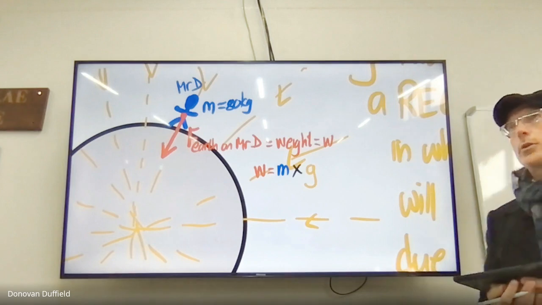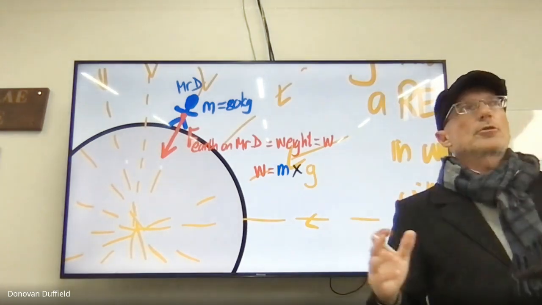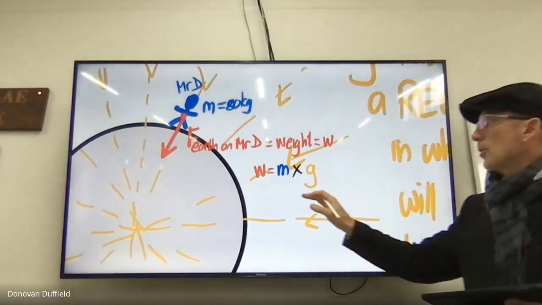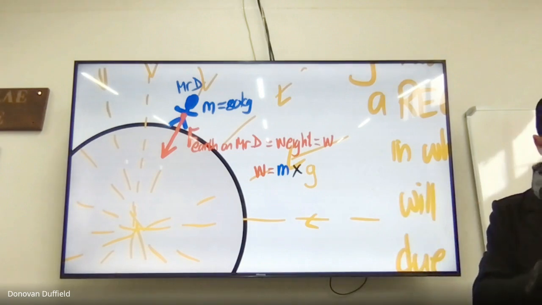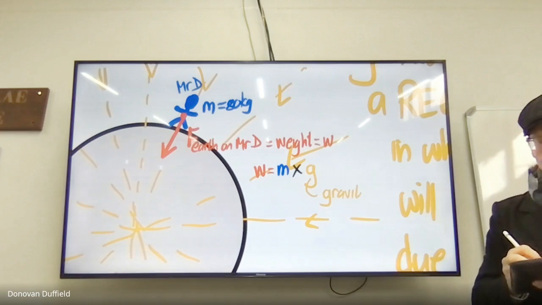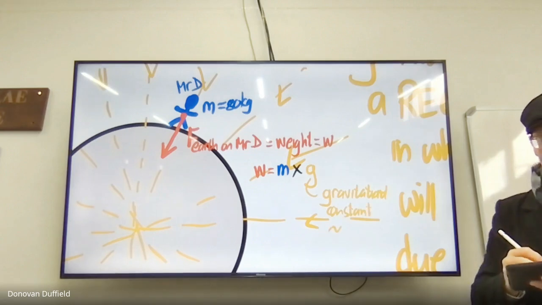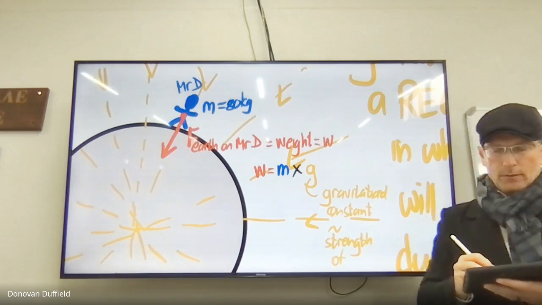Now, one of the beautiful things about physics is that it teaches you to look at things in a different way, as you're going to see. When you were in grade 8, I called that the gravitational constant, 9,8 newtons per kilogram, called G. It was dependent on the strength of the gravitational field.